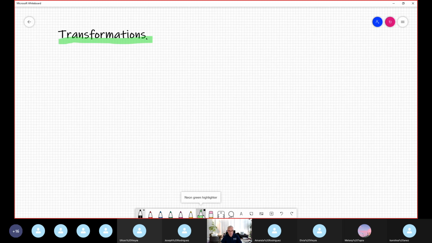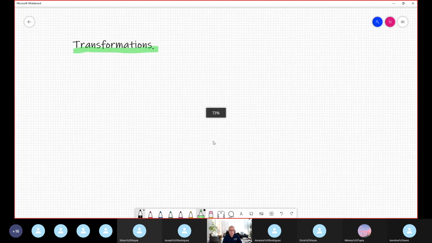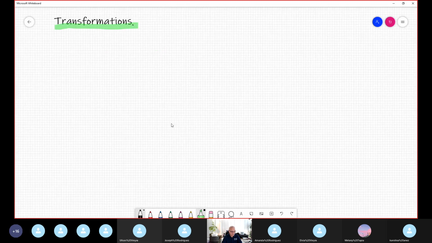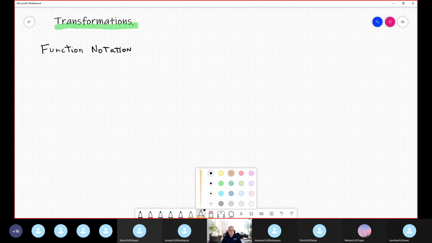Okay, so let me split the whiteboard in 3 parts. One column is called function notation.